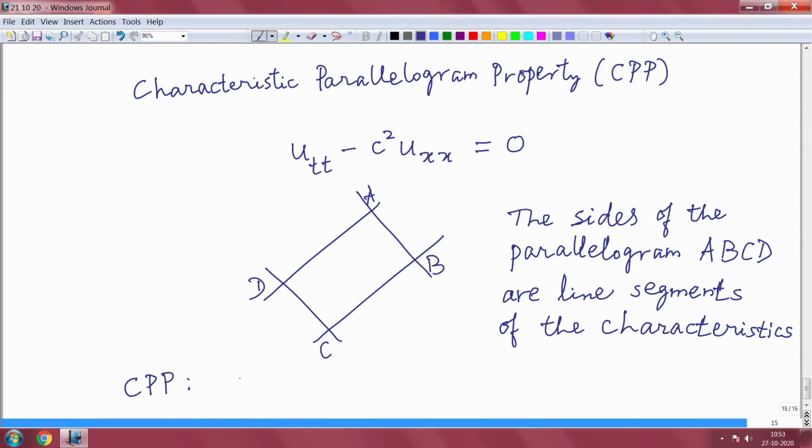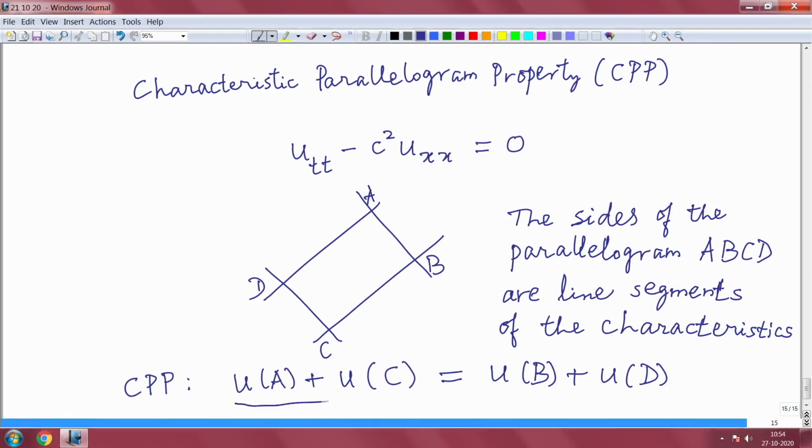states that U of A plus U of C equal to U of B plus U of D. So, you consider any solution of the wave equation and then you evaluate the solution at the opposite vertices A and C and B and D, then you add them.